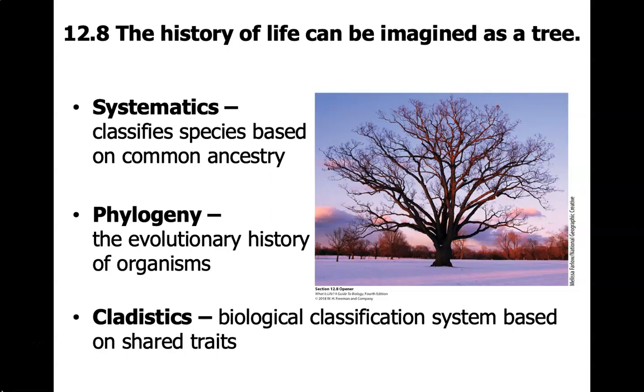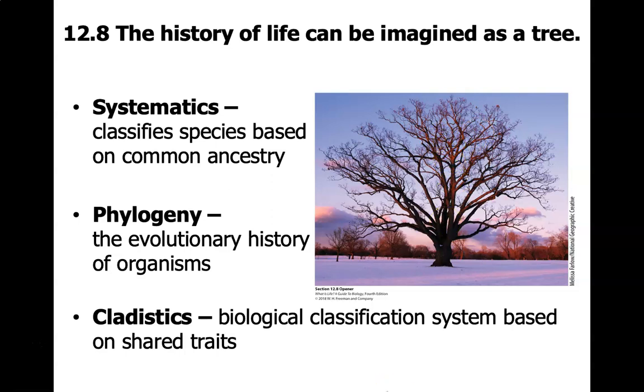So the modern version of this classification system is called systematics. So systematics classifies species based on their common ancestry. So Darwin used the idea of a tree with a common ancestor and then all of the related species coming off of it. And each of those nodes was the divergence of different species.